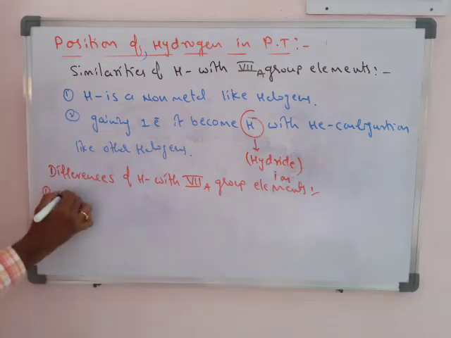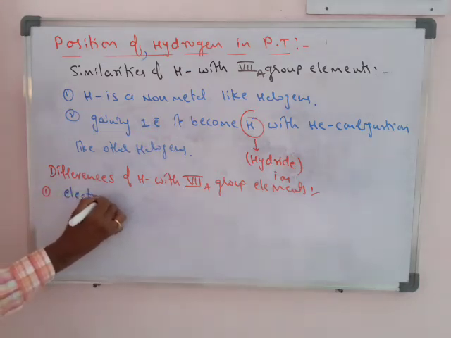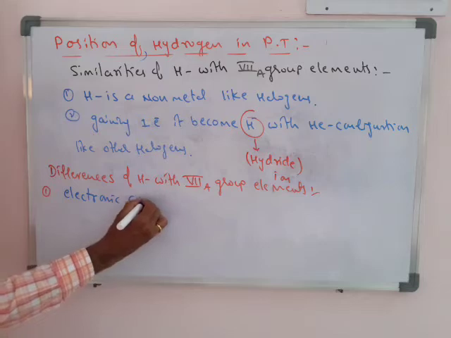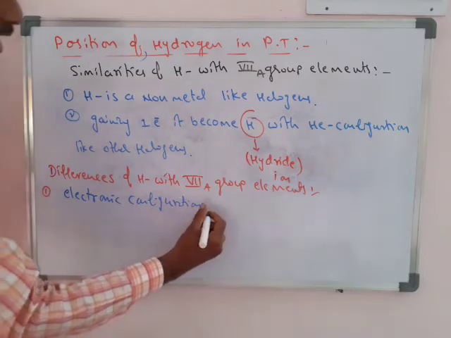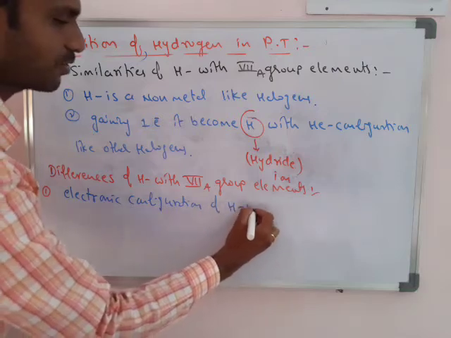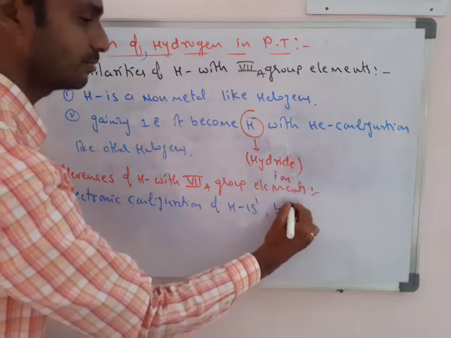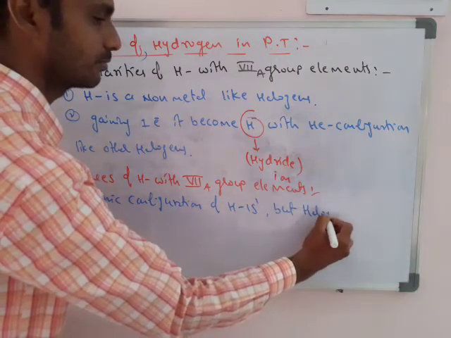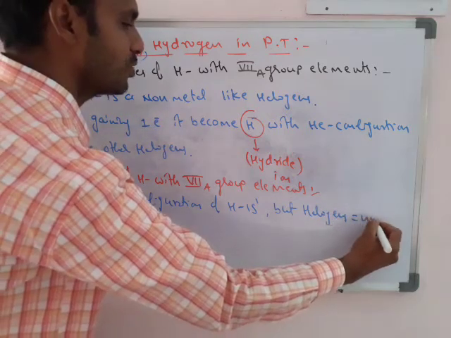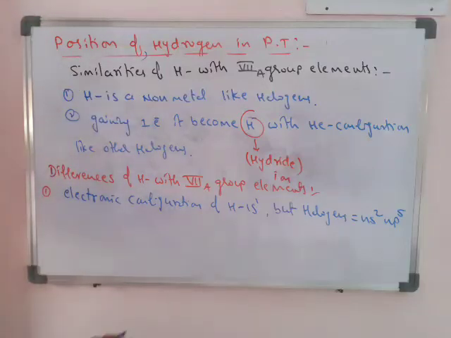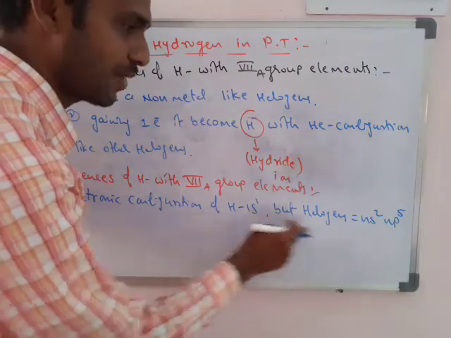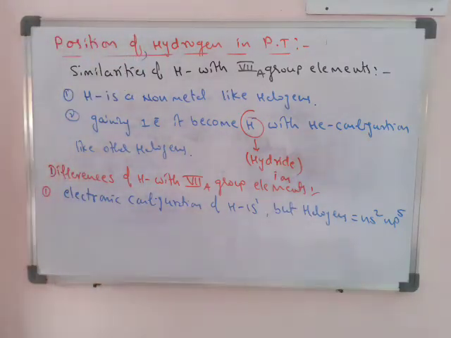So there is a difference in electronic configuration. The electronic configuration of hydrogen is just 1s1, but the halogen general configuration is ns2np5, which means there is no comparison between 1s1 and ns2np5.